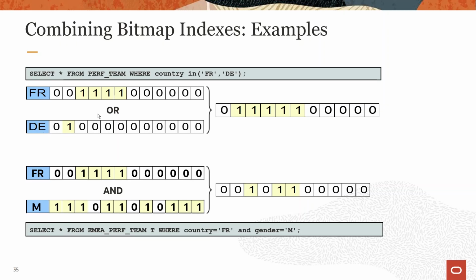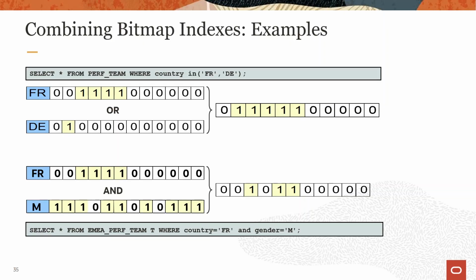These two bitmaps are combined with the OR operator. That means if one of the two bits is 1, the result is 1. So the first bit for France is 0, for Deutschland it's also 0, so the result is 0. The second bit for France is 0, but the second bit for Deutschland is 1, so the result is 1. This is your resulting bitmap, and then based upon the bit 1 inside the bitmap, it's going to calculate the row IDs.